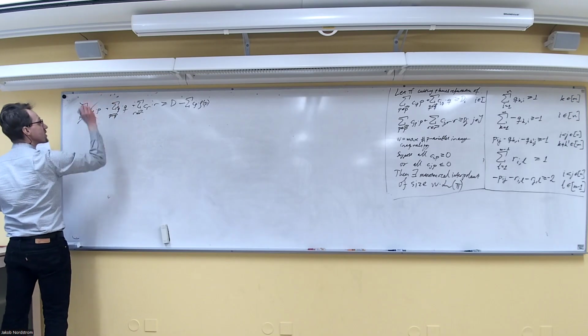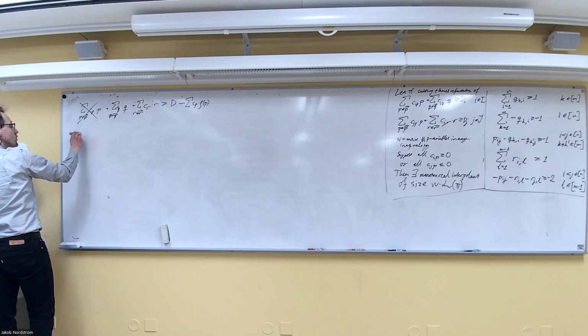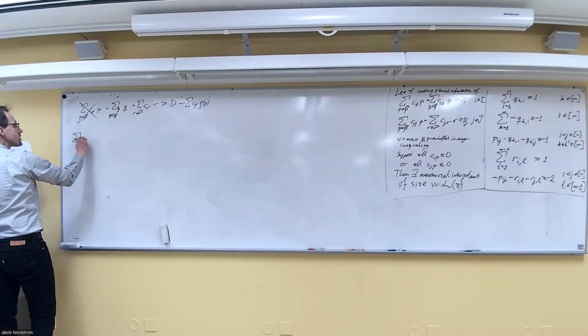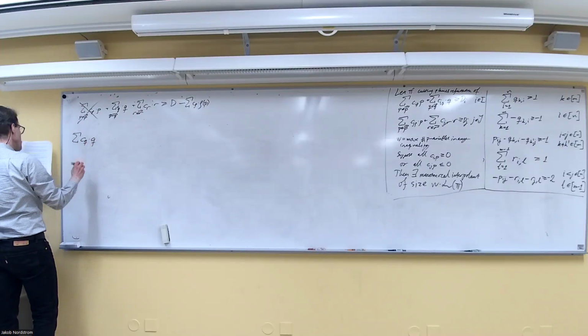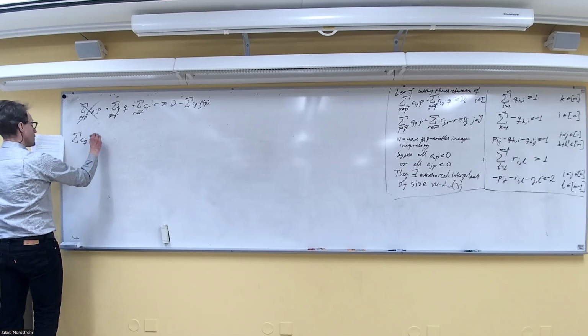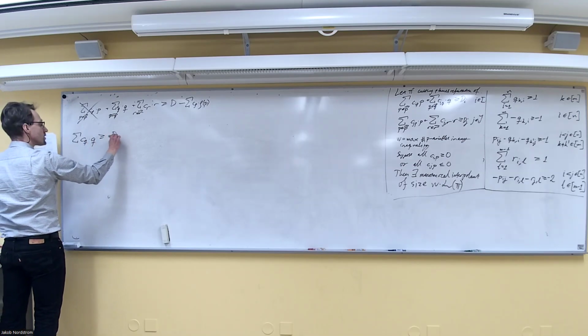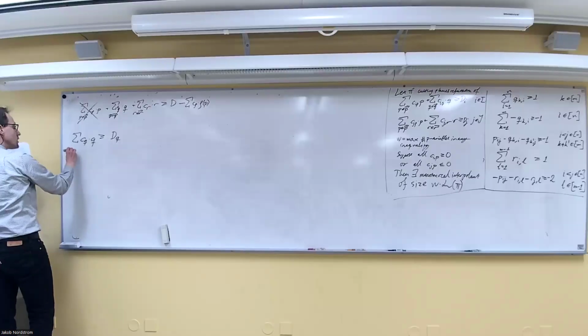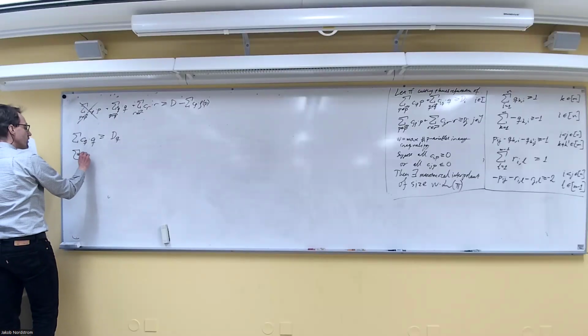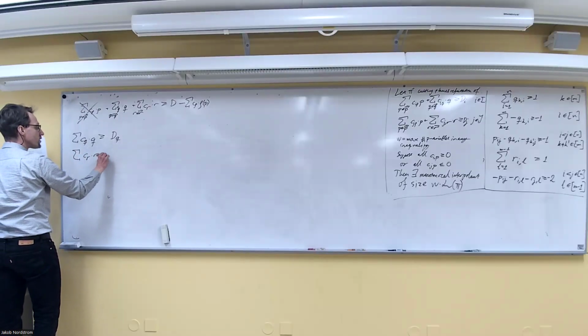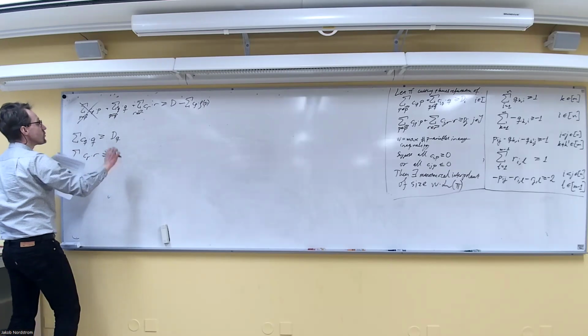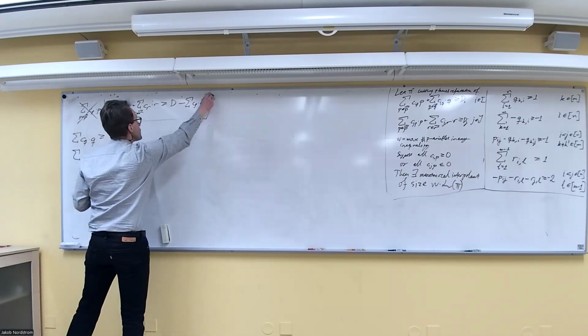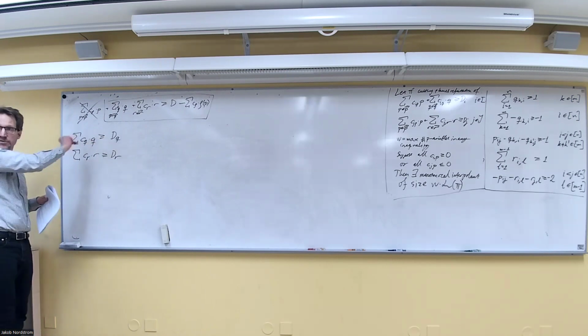There should have been a C here, I guess. So we're going to write this as CQ times Q greater equal DQ, and CR times R greater equal DR. Morally, I'm going to take this thing and just split it up into two inequalities.